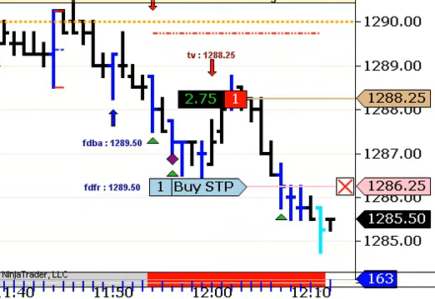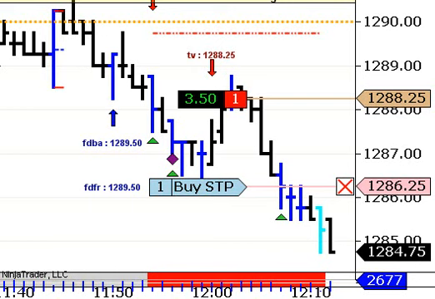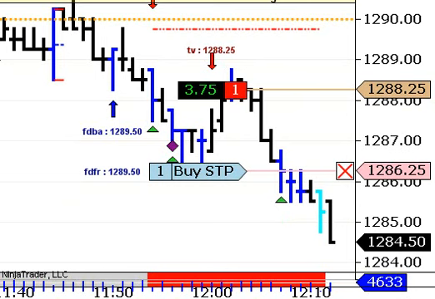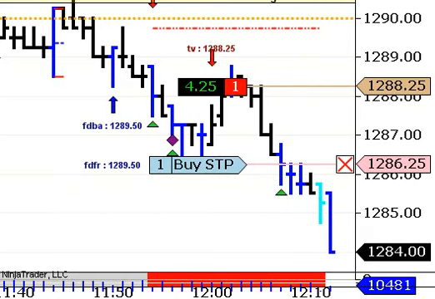Good. So adjusted it there to 86.25, 2 ticks above the high of that cyan bar that has just formed. Okay, this is looking good, continuing to make lower lows.